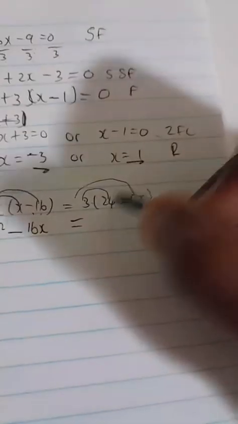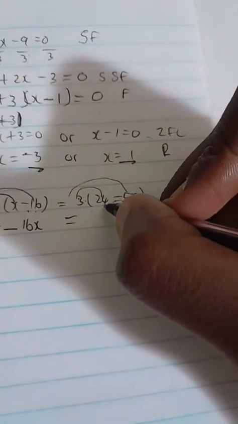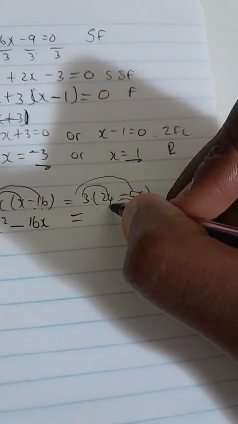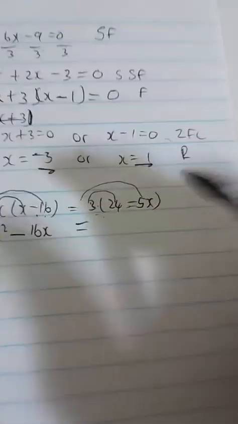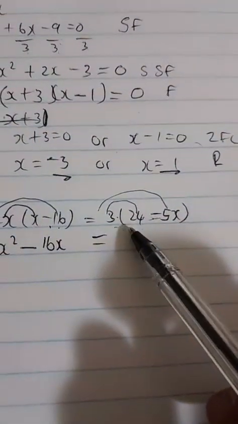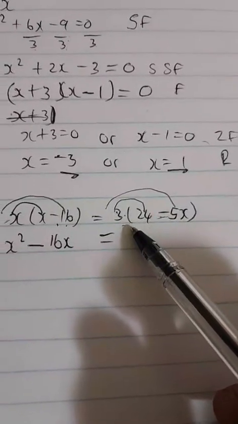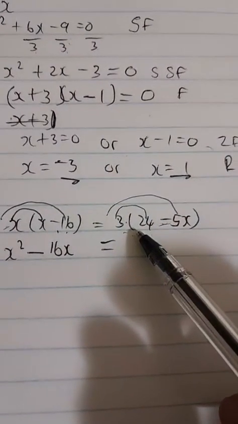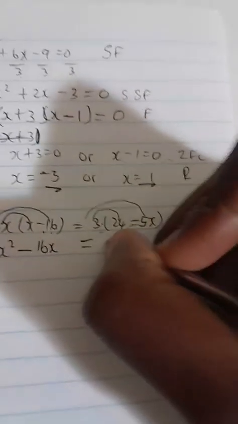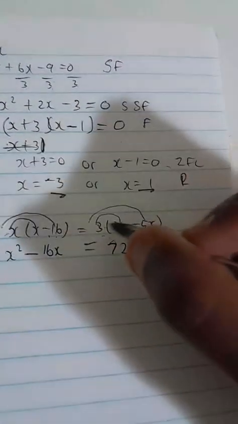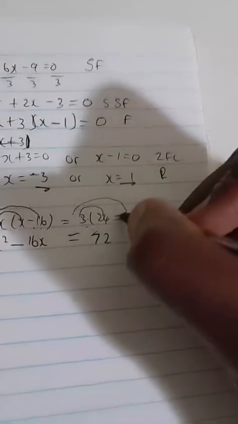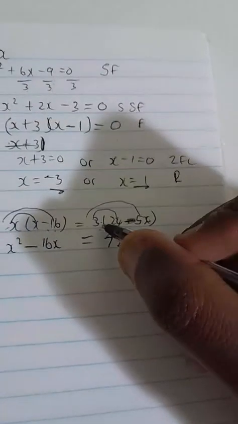Okay. So 3 times 24. Let's see if people have their thinking caps on here. Yes, after this session, I'm doing a grade 12 class. Thank you. 72. 3 times minus 5x.